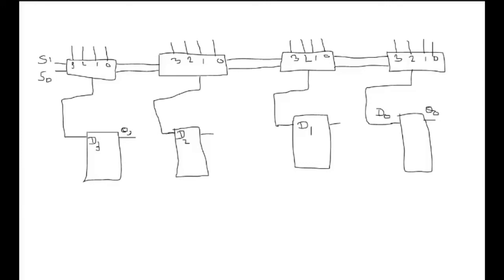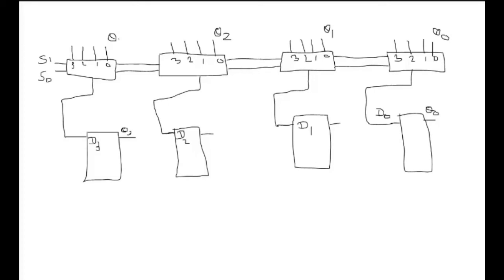We were saying when S0 equal to S1 equal to 0, it is in the hold condition or no change. No change means whatever is present at the Q node will remain the same. So when S0 S1 is 0 0, the 0th pin will be active, and I will simply apply the Q node here, Q1 here, Q2 here, and Q3 here.